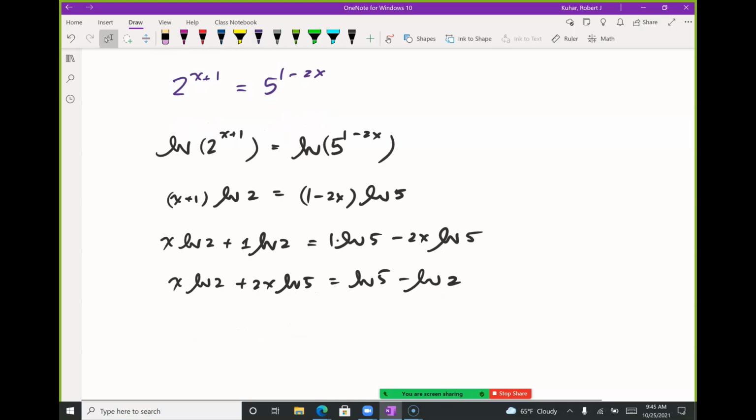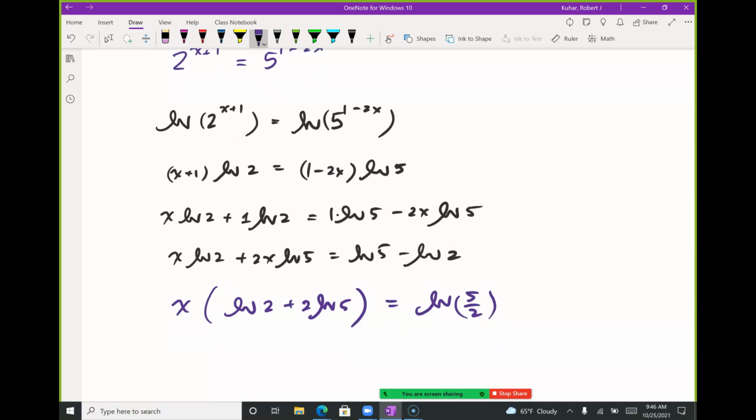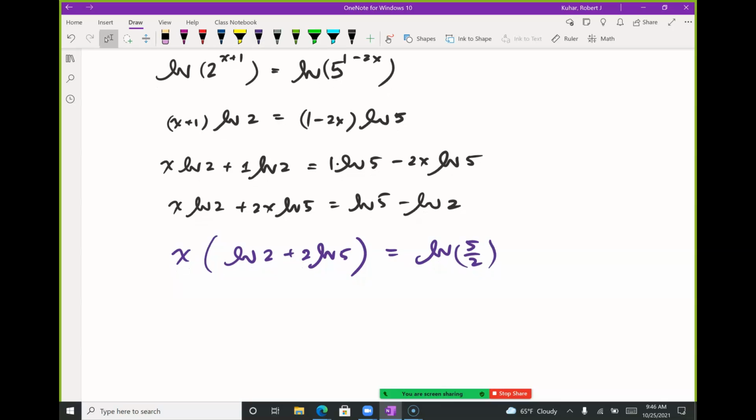So I can factor out an x here, right? I get x times ln of 2 plus 2 ln of 5 equals ln of 5 divided by 2, right? On that right-hand side, I'm subtracting 2 ln's. I can take that argument as a quotient. I can do a little bit more here.